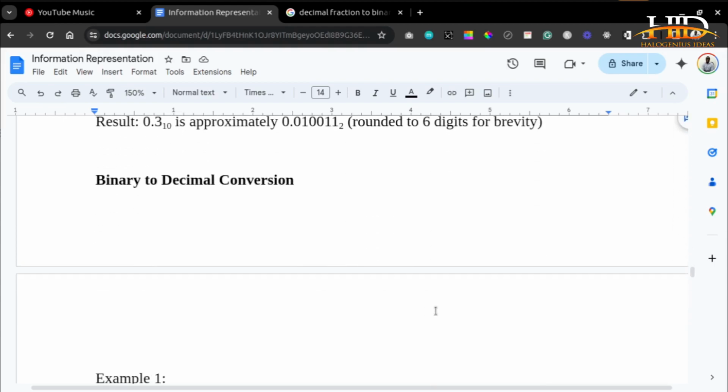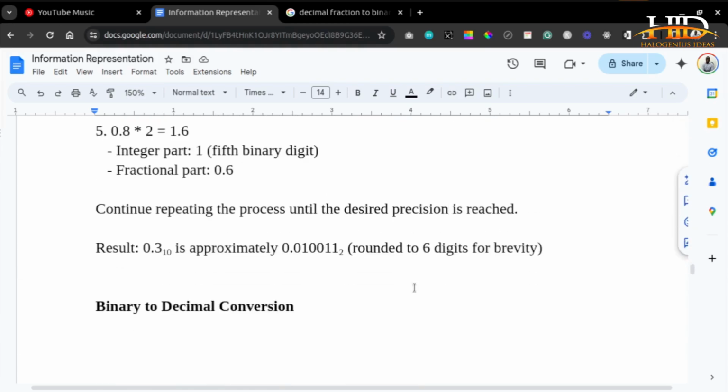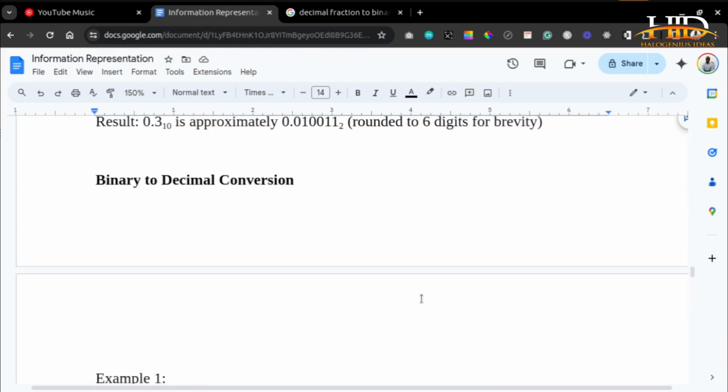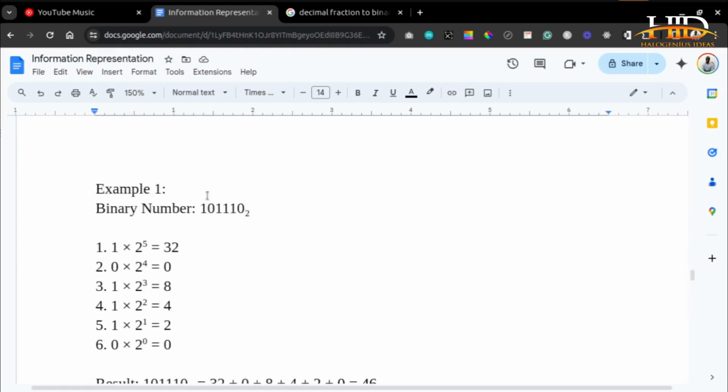So we also have binary to decimal conversion. If you have a number in binary form, how do you convert it to a decimal? That is what we want to look at now. So if I have this number, for example, 101110 to base 2, how can I convert it to a decimal, a number in base 10?